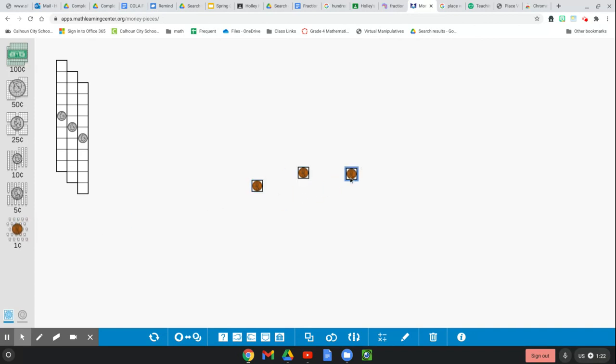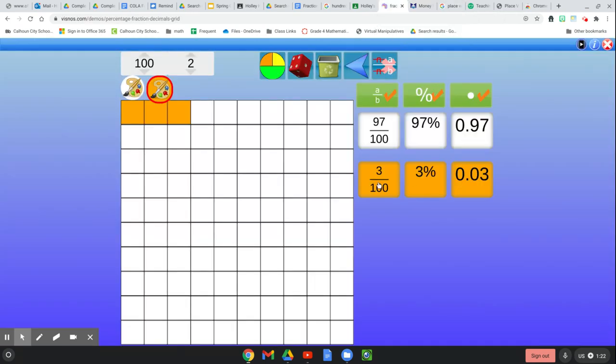That is 3 pennies. That means I am very far away from a dollar. Very far away from a whole dollar of 100 hundredths. I only have 3. Okay? So what is the value if you had 3 pennies? The value is 3 hundredths. 3 cents. Right here. $0, 0 tenths, and 3 hundredths.